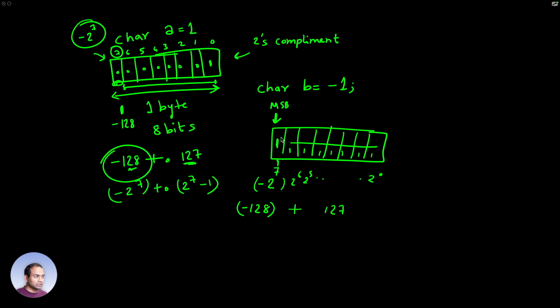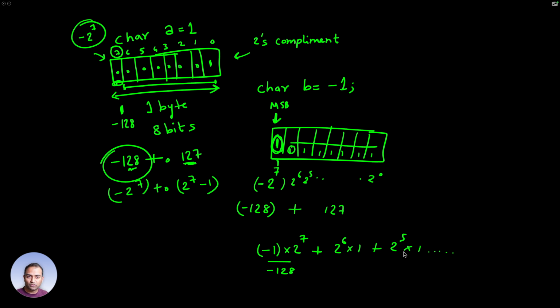So this is treated as the sign field. So we treat that as -1 into 2 to the power 7. That is how this becomes -128, by the way, plus 2 to the 6 into 1, because this is a 1, plus 2 to the 5 into 1, so on and so forth.